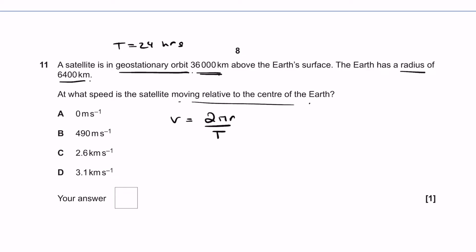And because it's a geostationary satellite, it will have the same time period as that of our Earth. And so it would just be 2 pi times r, and it would be 42,400. I'm going to leave it in kilometers, and divide it by the time period in seconds. So that ends up giving me 3.08, or D as the answer.